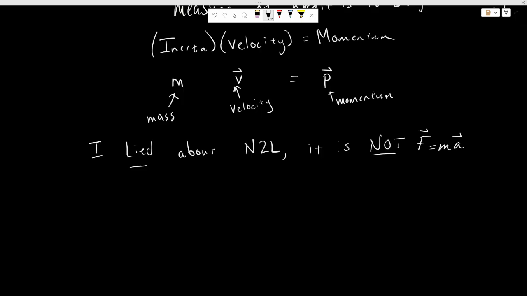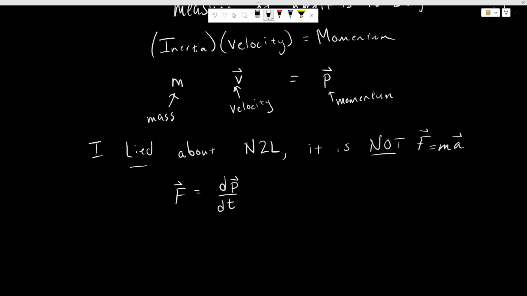I know. It's actually kind of shocking because that thing is everywhere. F equals ma. It's not. It just isn't. It's F equals dp/dt. But a lot of people don't know derivatives, and so saying F equals ma is a lot easier than saying F equals dp/dt.